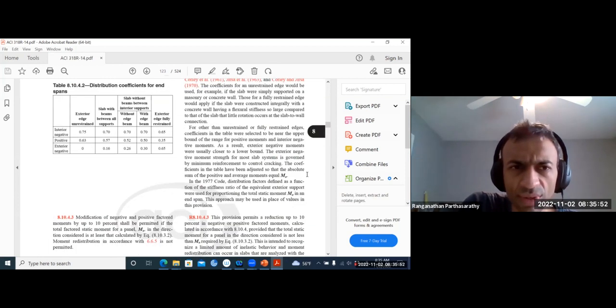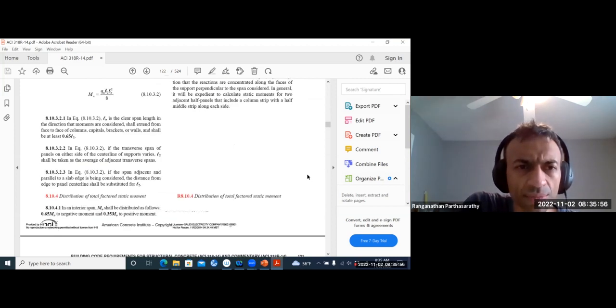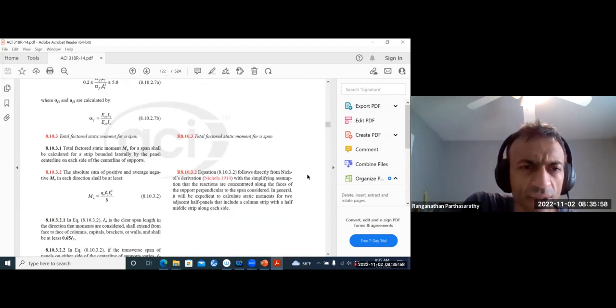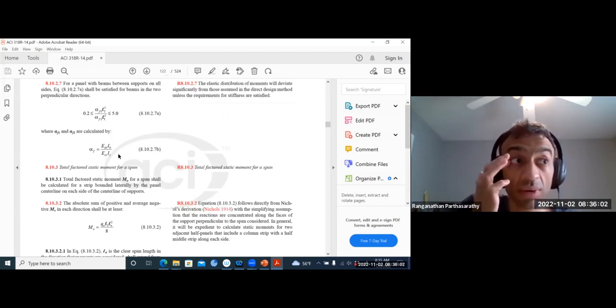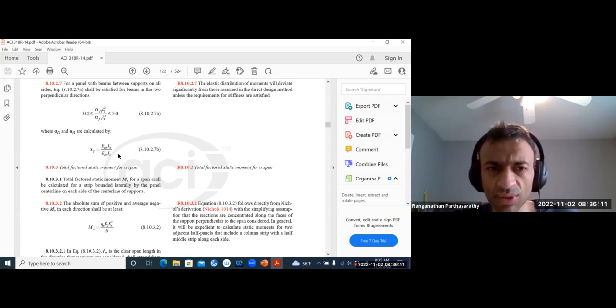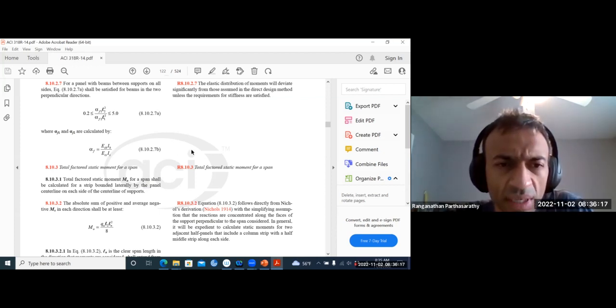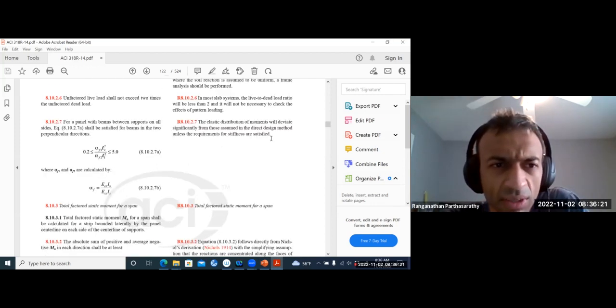That is just for interpolation purpose. So here is alpha, the beam stiffness divided by the slab stiffness. Of course, if there is no beam spanning on either side, and there is only slab, then you will not have any stiffness for the beam.